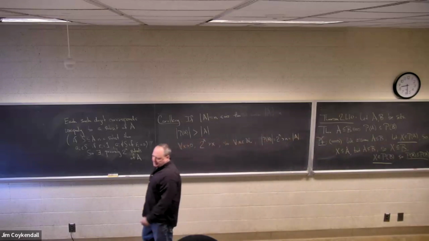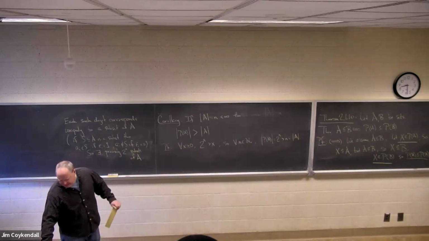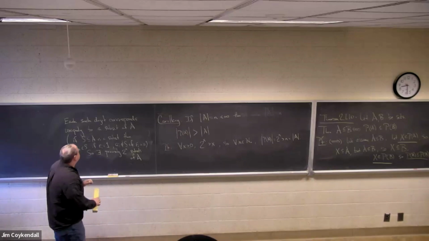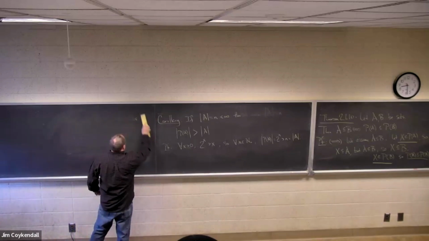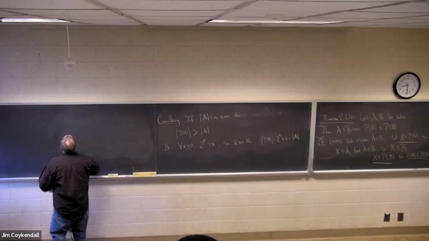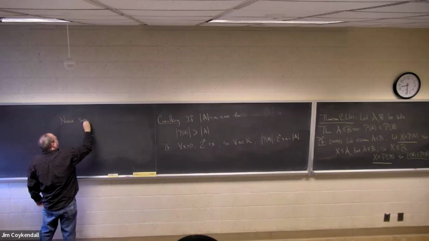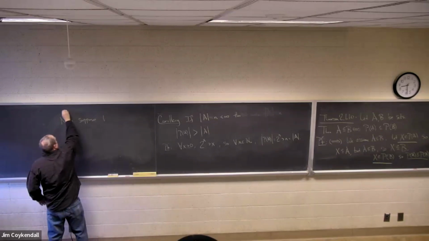Now we start by assuming that the power set of A is contained in the power set of B. So this is the arrow going this way.